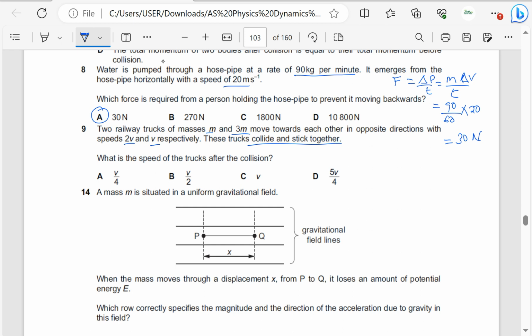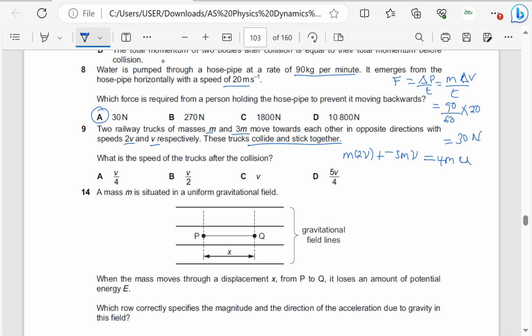Because they are moving towards each other, if momentum of m is positive, m times its velocity 2v, plus the momentum of 3m should be negative, so it will be minus 3m times its velocity v. That's total momentum before collision. This should be called total momentum after collision. Since they stick together, total mass is going to be 4m, times the common velocity, which I'll call u.